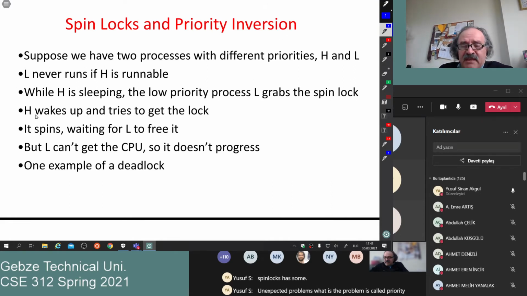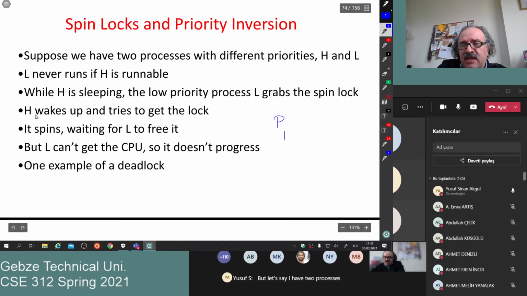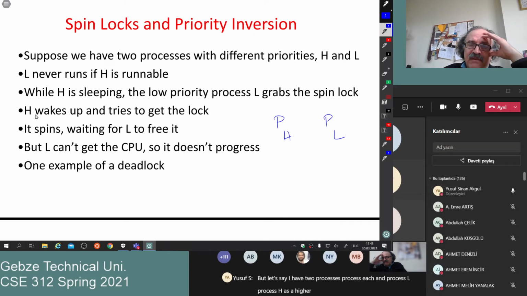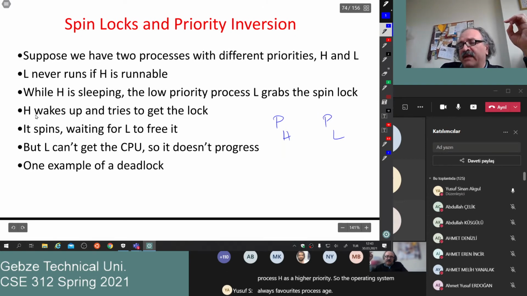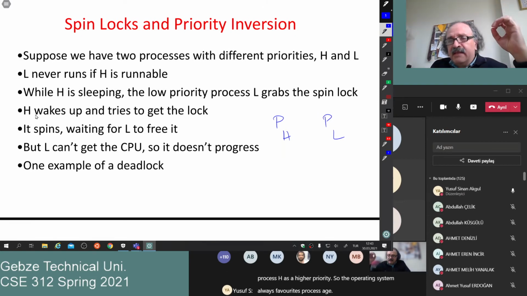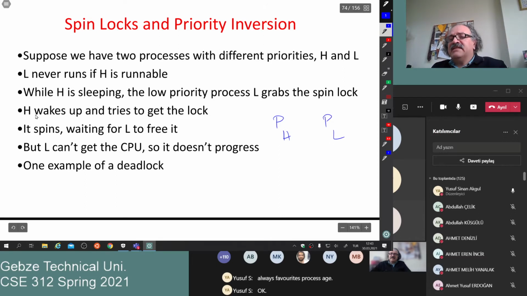We didn't look at the process priorities, but let's say I have two processes, process H and process L. Process H has a higher priority, so the operating system always favors process H. Okay, and process L has a lower priority.